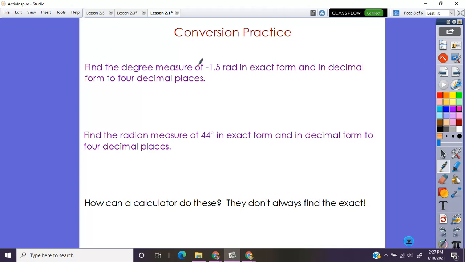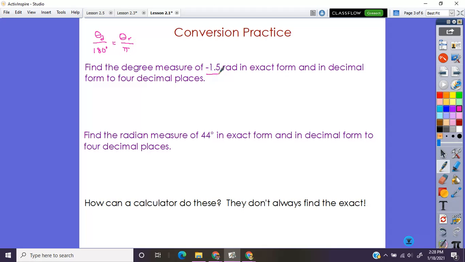Find the degree measure of negative 1.5 radians in exact form and in decimal form to 4 decimal places. Once again, think back to what our conversion was. We had theta in degrees over 180 degrees equals our theta in radians over pi.